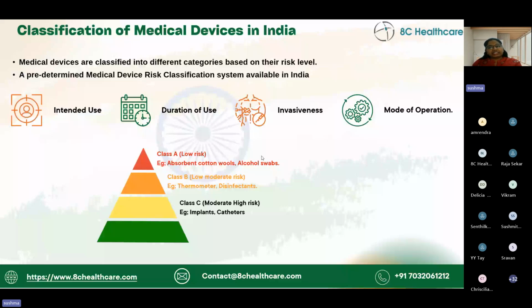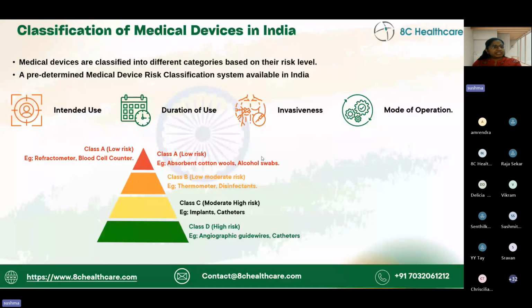And class D is the highest risk classification, so angiographic guide wires and a few cardiac catheters or renal catheters fall under this category. So here are a few examples of medical devices depending on their classification. We have put up some more examples to understand the IVDs as well, since IVDs also fall under the medical device category in India so far.